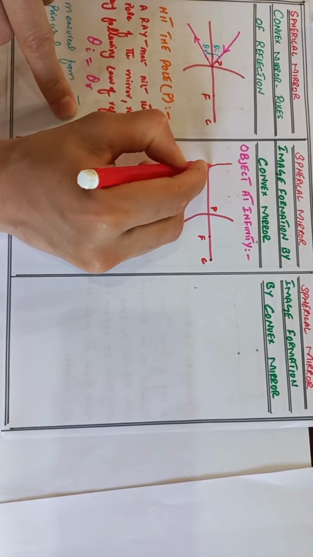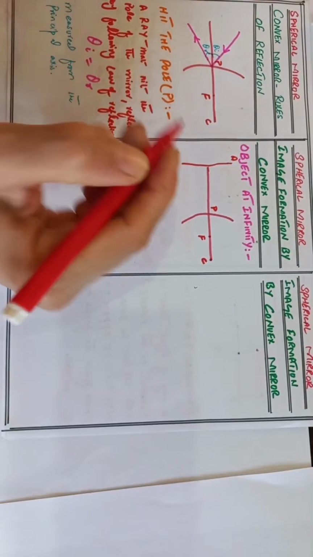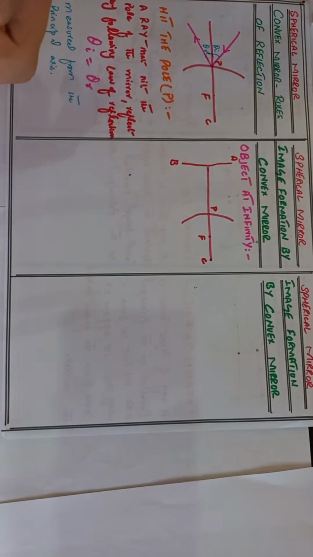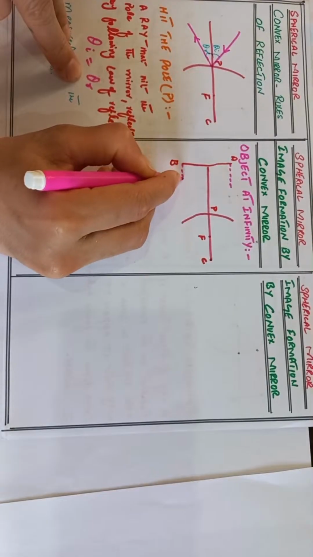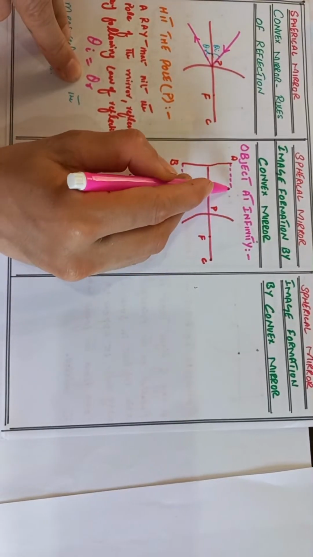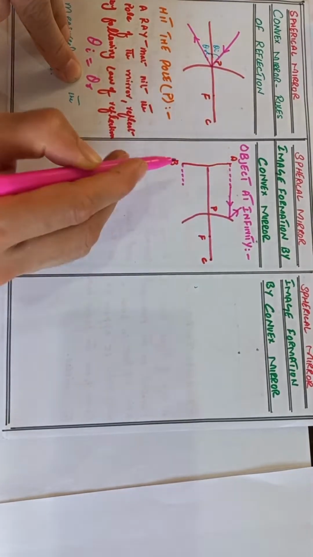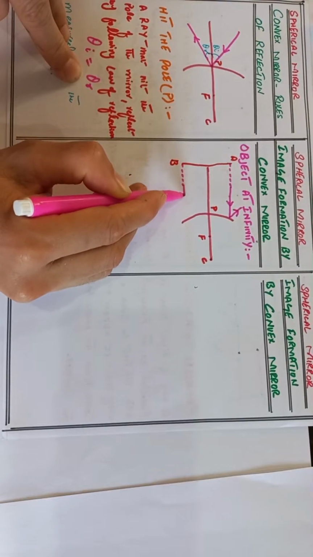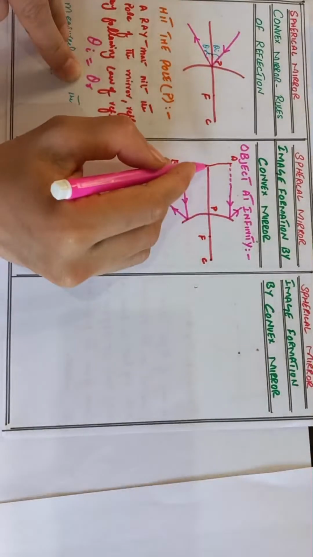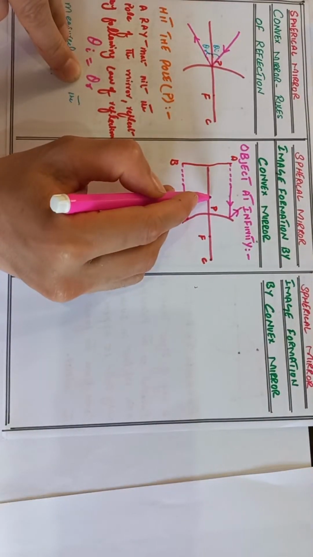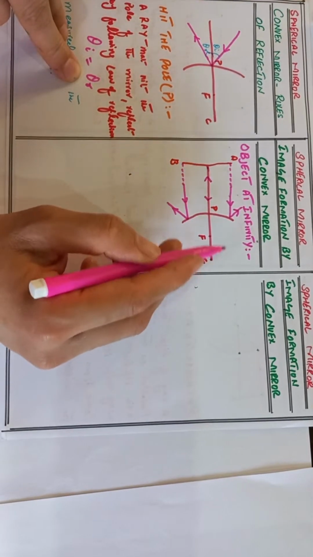The object AB is placed at infinity. Here is the ray that hits the mirror. It diverges after reflection. Here is also the ray that is parallel to the principal axis. It diverges after reflection. Here we take the ray that passes through the center of curvature. It reflects back along the same path.